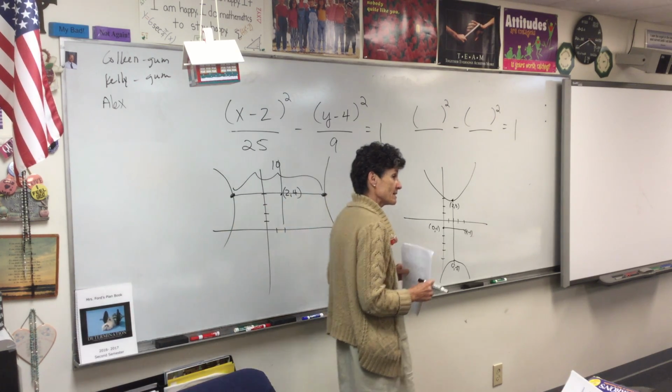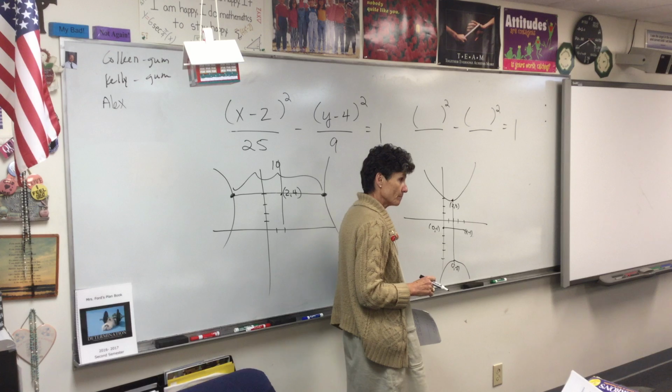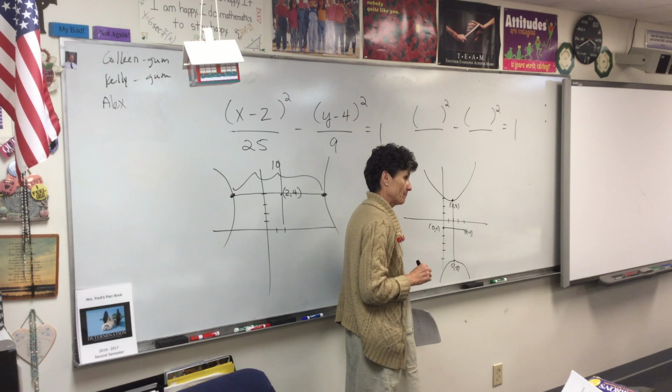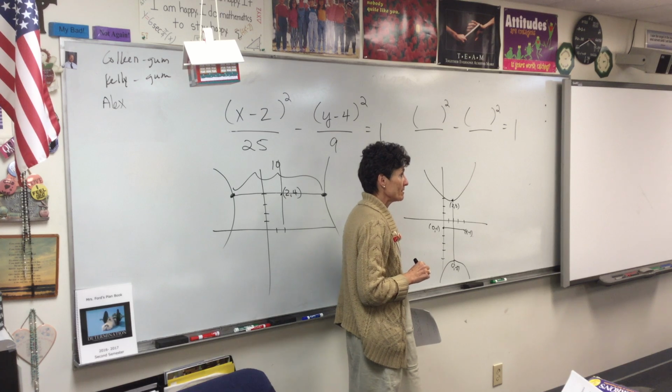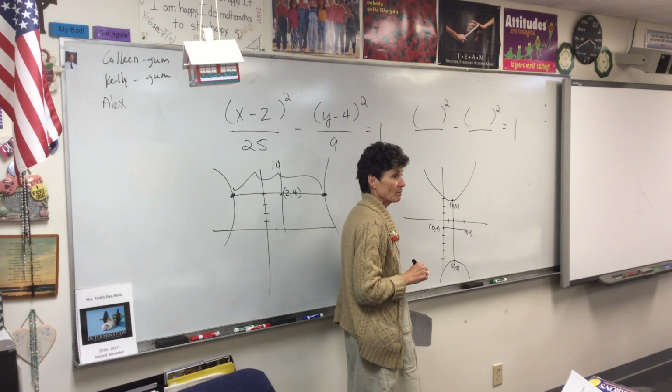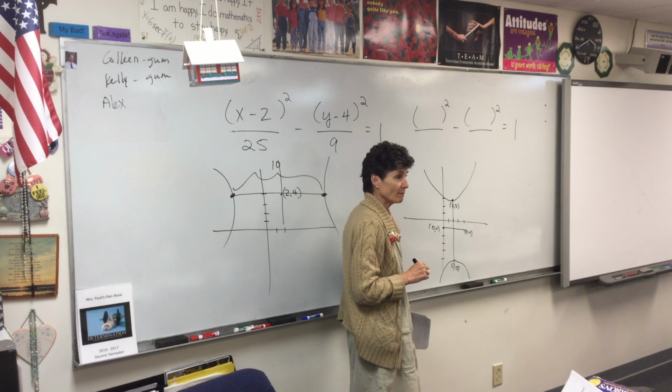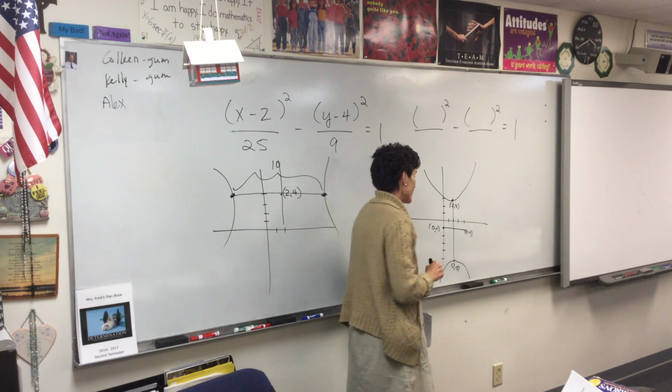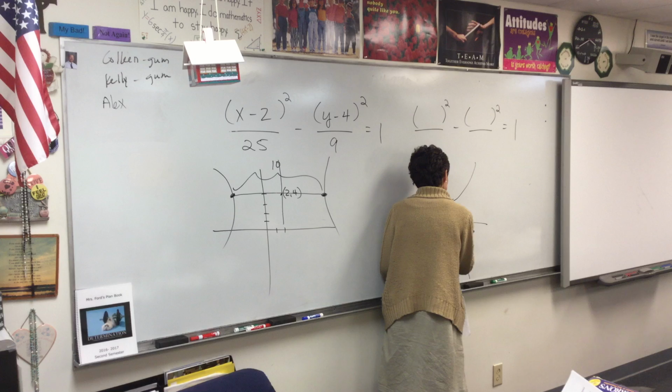Okay, do you know how to find the center? It's drawn on the board. Can someone help Ethan? Can we figure out what the center is from what we have up here? 2, -1. Phil, would you tell him how you figured that out?